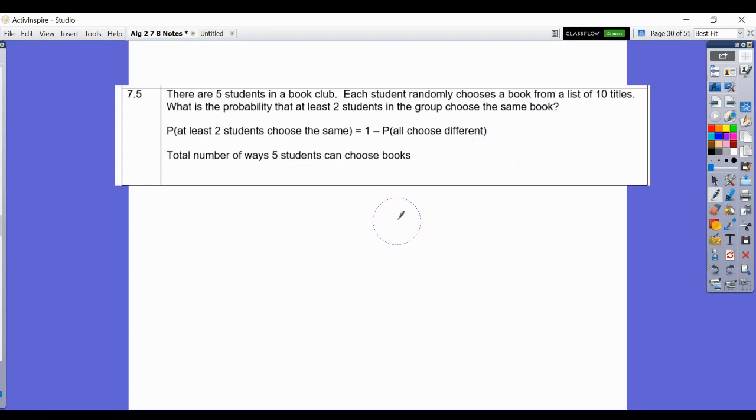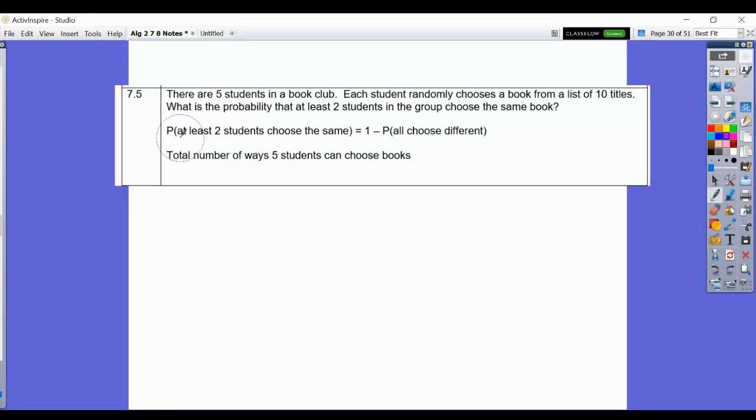I would have to figure out the probability that 2 people did, that 3 people did, that 4 people did, that 5, 6, 7, 8, 9, 10. I would have to find out all of those probabilities and add them up, and that would be a lot. So it's a lot easier to figure out how many people did not choose the same book.